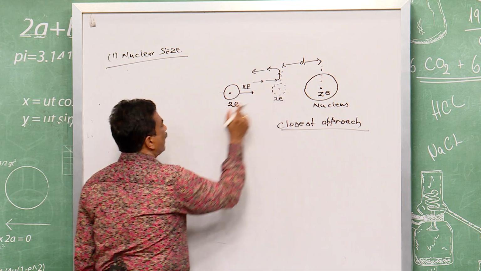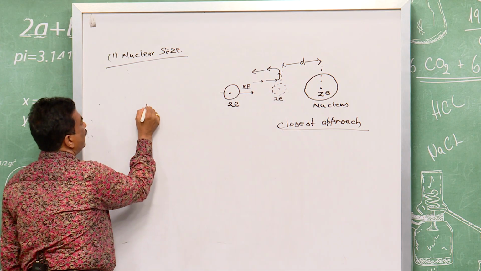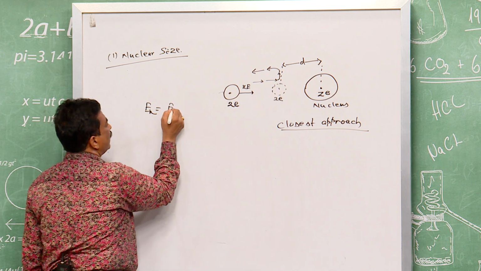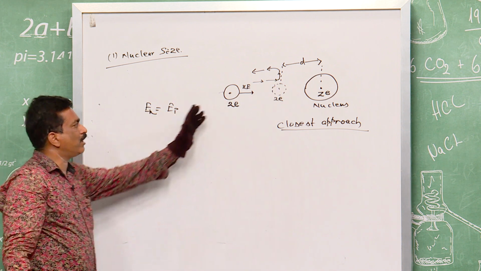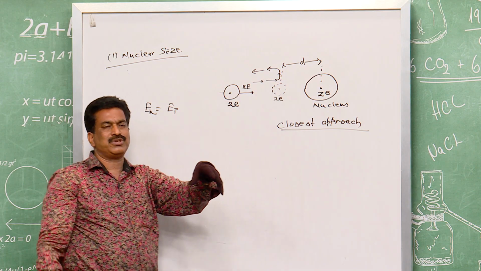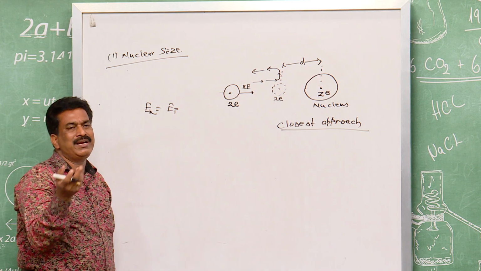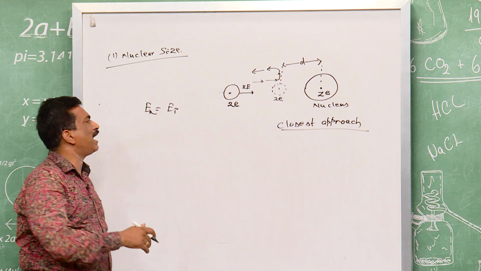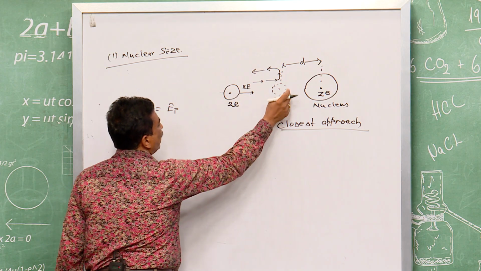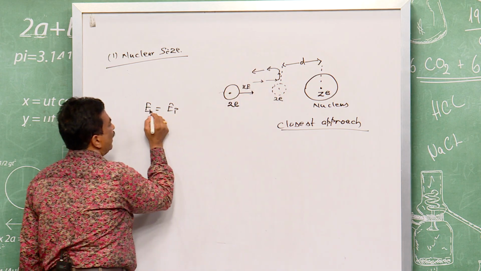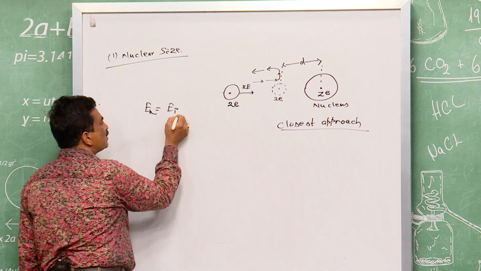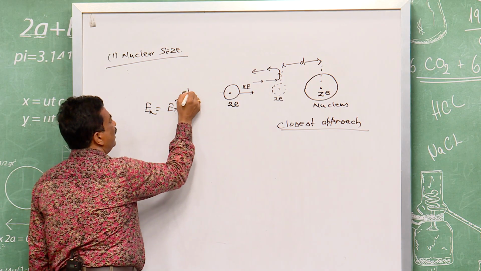So, here what happens? The kinetic energy now becomes potential energy, because it comes to rest. Due to position the energy is potential, due to motion the energy is kinetic. So here we have given the kinetic energy. When that kinetic energy becomes potential energy, Ek will be Ep. What type of potential energy?